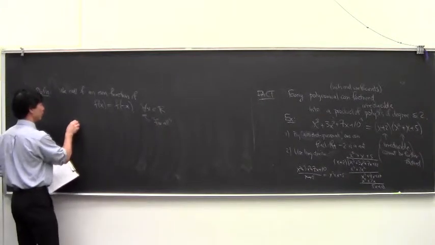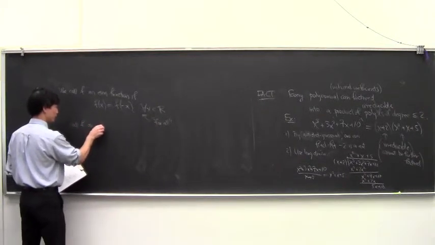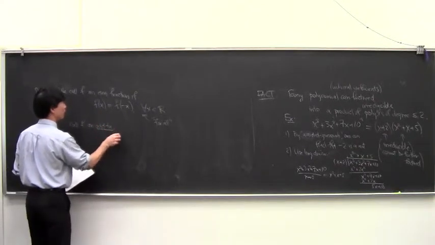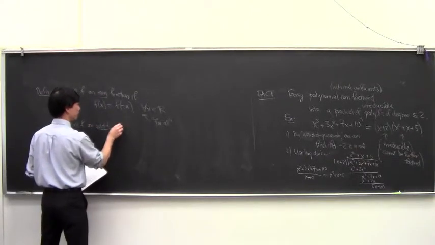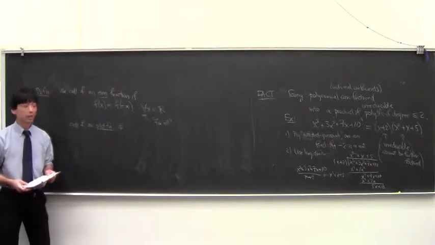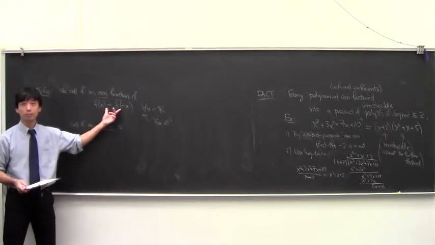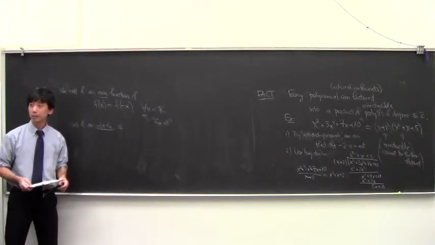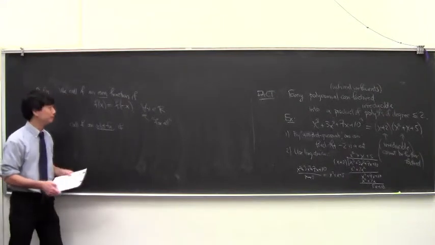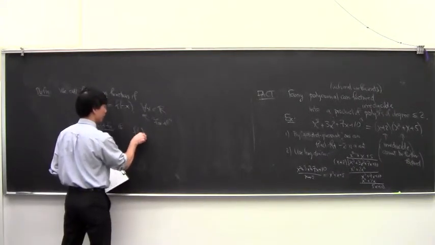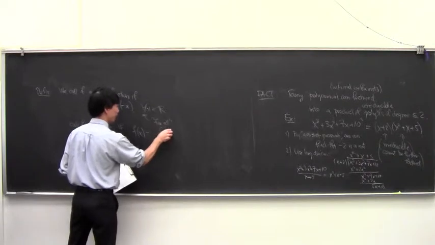We call f an odd function if what? Can anyone tell me using this sort of notation? Yeah, Mel? F of x equals negative f of negative x.